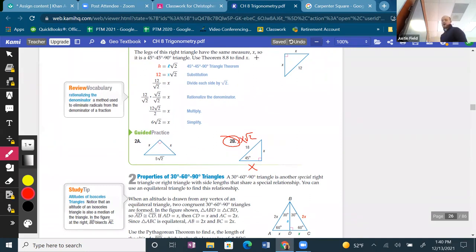And we know that the hypotenuse, I just said, is x root 2. This one I need to copy. So we're going to set up an equation. X root 2 equals 18. Now we're going to solve for x. How do we solve for x? Very good. We divide both sides by root 2.